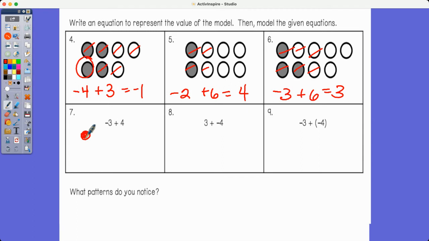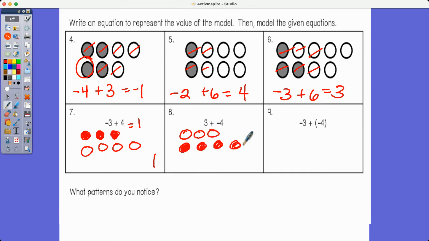So I'm going to do negative 1, 2, 3, and I'm going to model 4. And what do we have left? We match up our 0 pairs. I have 1 positive left. So my answer is positive 1. How about this one? I have positive 3 and negative 4 counters. Match up your pairs, you're left with negative 1.